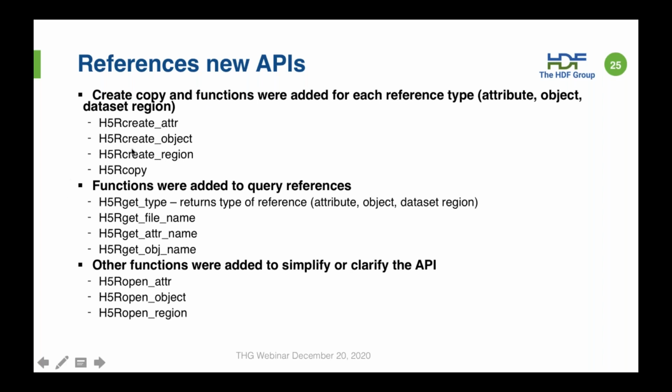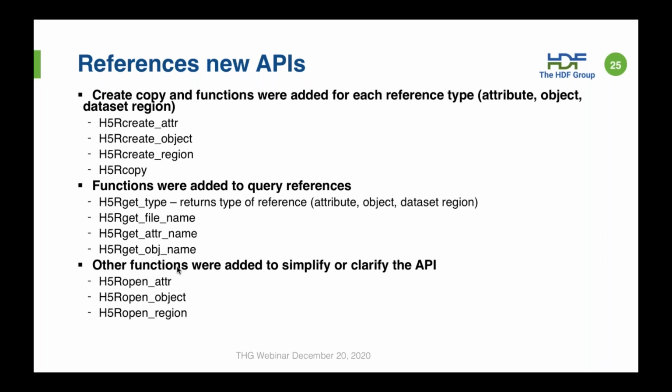But here you see the APIs that were introduced. It's a little bit clearer which type of reference we work with. We create a reference to an attribute, we create a reference to an object or region, and we also have the ability now to copy references and reuse them. We added functions to query references, and the first function that is very useful here is that you can get the type of reference.